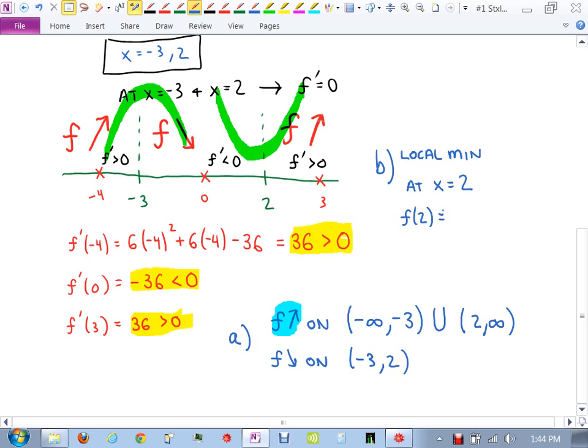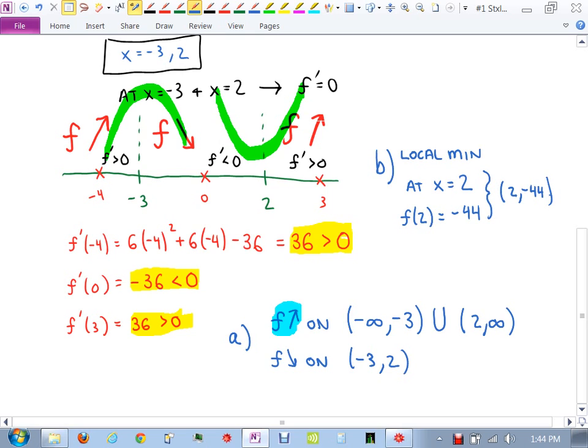So plug 2 into the original function. I'm getting negative 44. Anyone else? Okay. So you could, if you want, look at this as a point. The point 2, negative 44 is your local min.